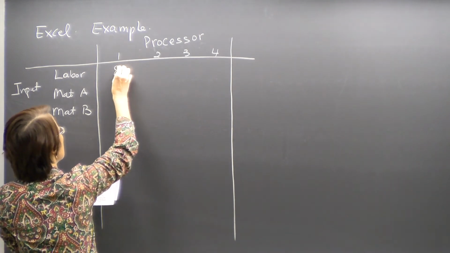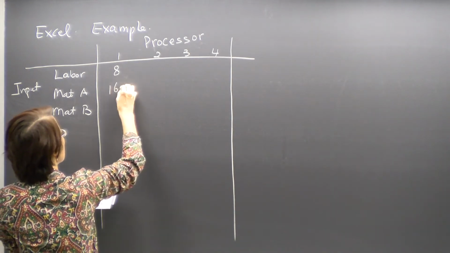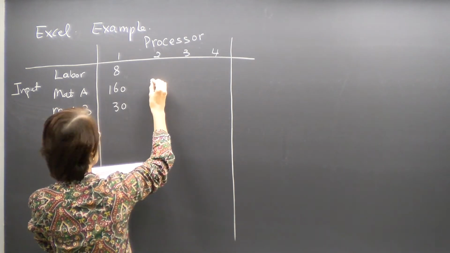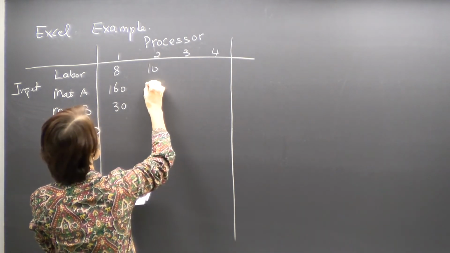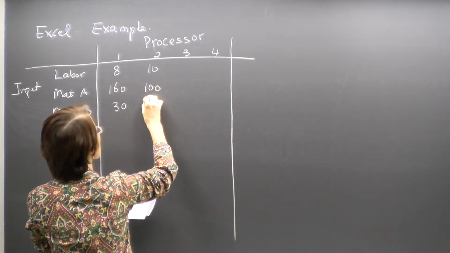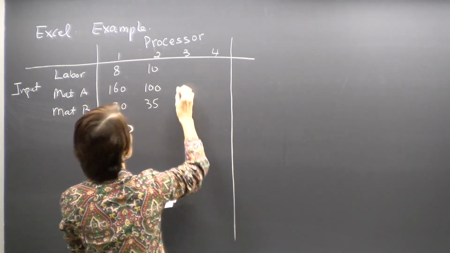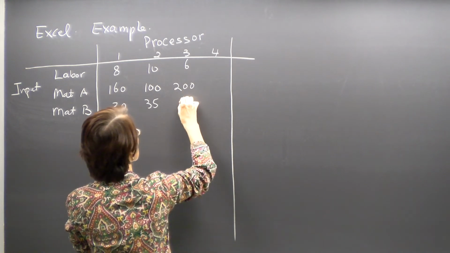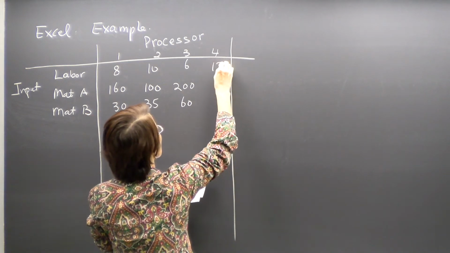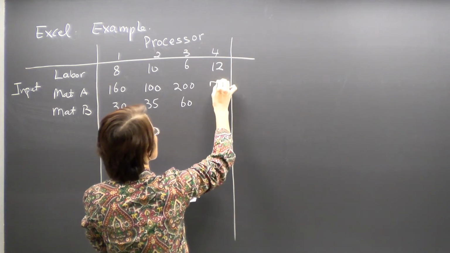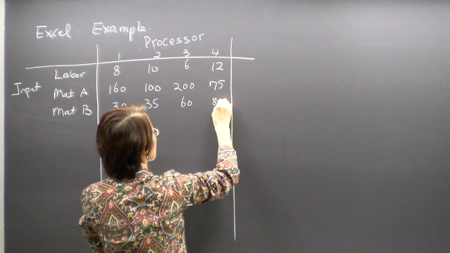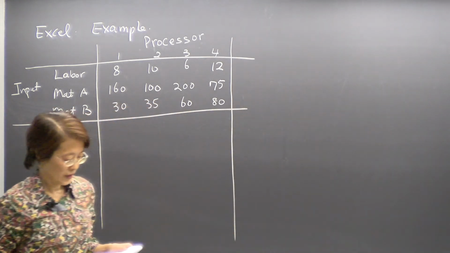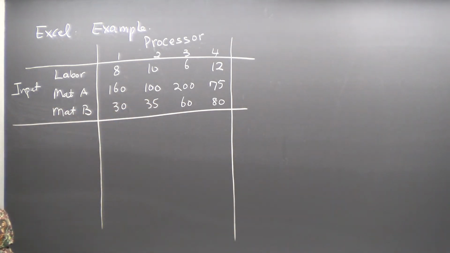I need 8 hours, 160 units of A, 30 units of B for processor 1. For 2, I need 10 hours, 100 of A, 35 of B. For 3, 6 hours, 260, and 12. And for 4, 75 and 80. That is the material resource it will use.